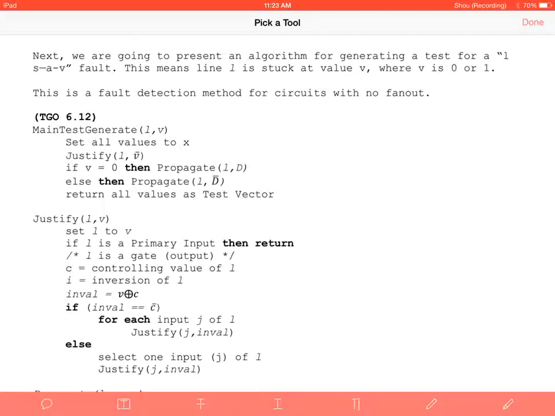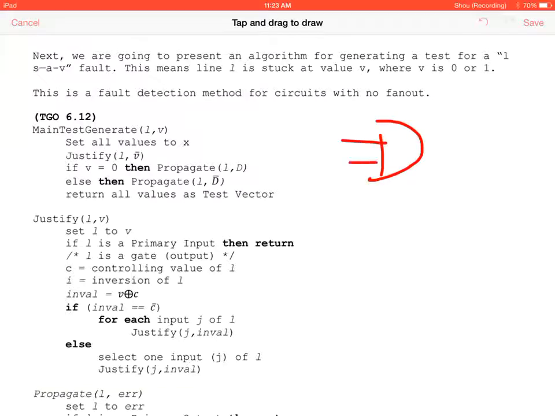Now, for this justify function, you're going to put in V bar. And here's why. Remember, we have our stuck-at 0 fault, right? So V bar means that we want 1 to go through, and that's going to have some sort of propagational effect on the circuit, right?